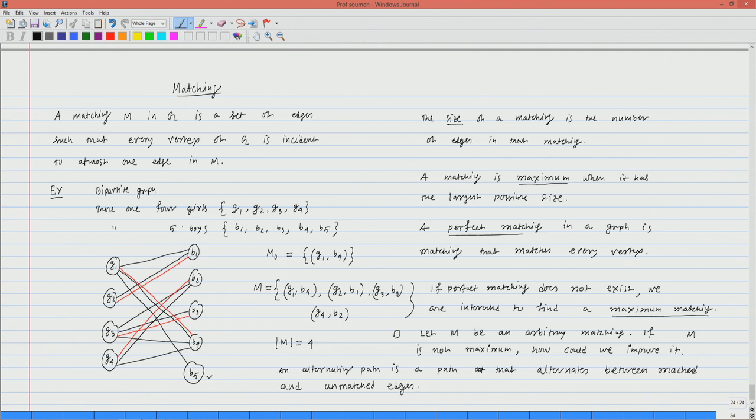Okay, so I can probably give an example here. This is an alternating path.